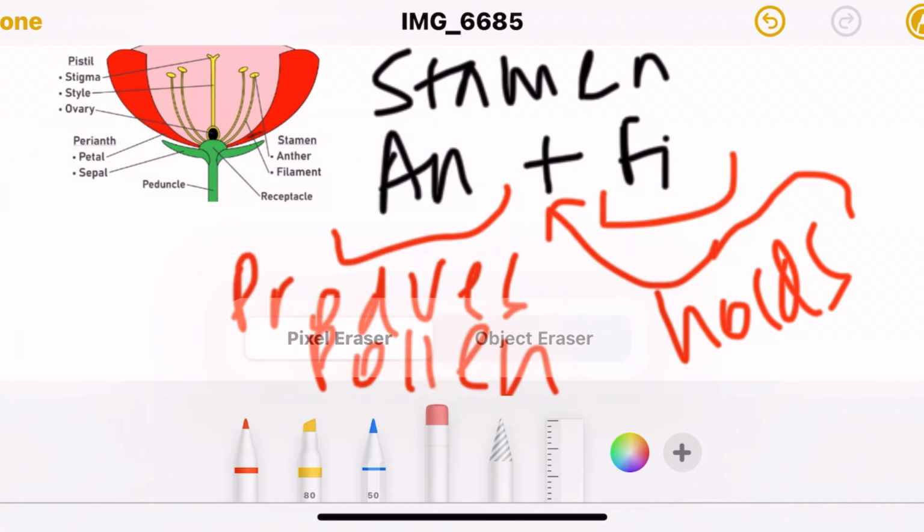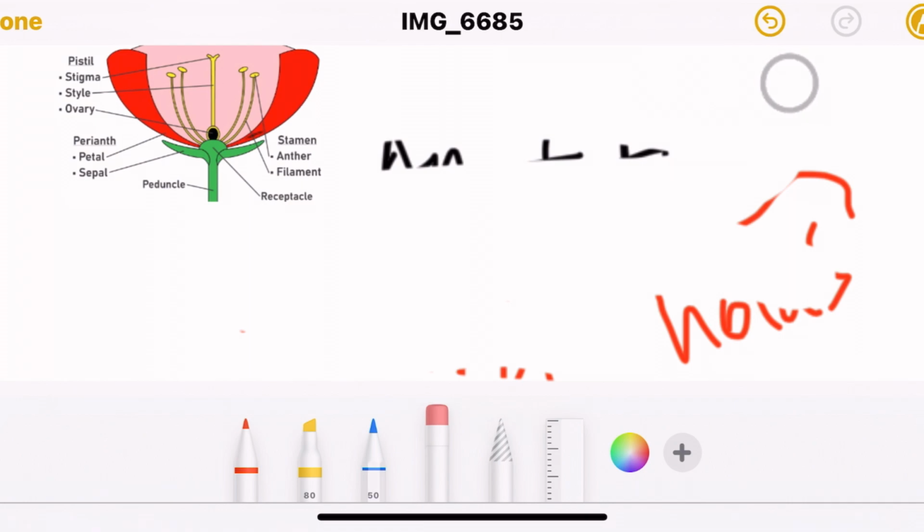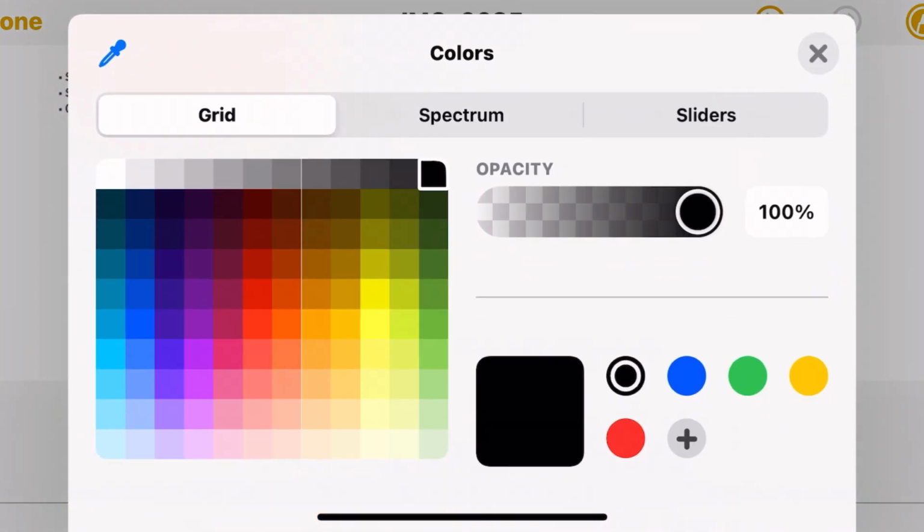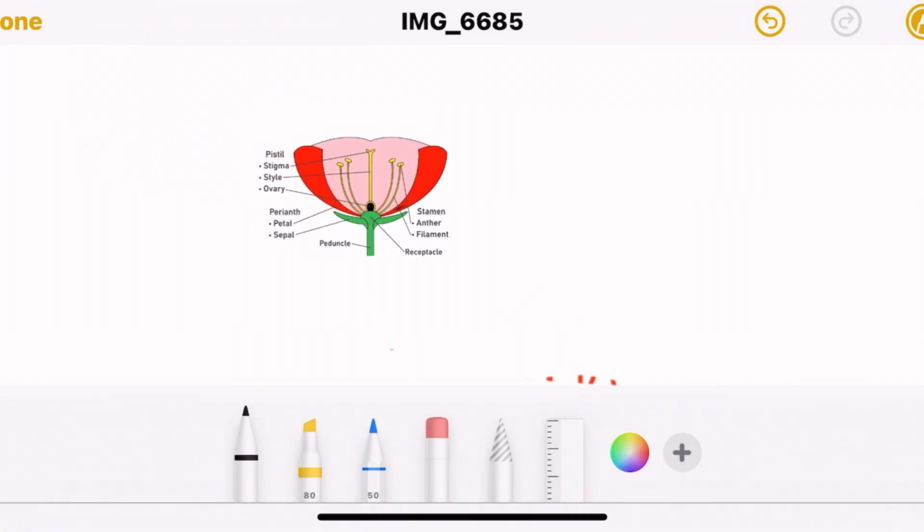So hope that was clear. That was a very easy thing. And these are the male sex cells. The stamen is the male part of the flower because it produces the male sex cells.